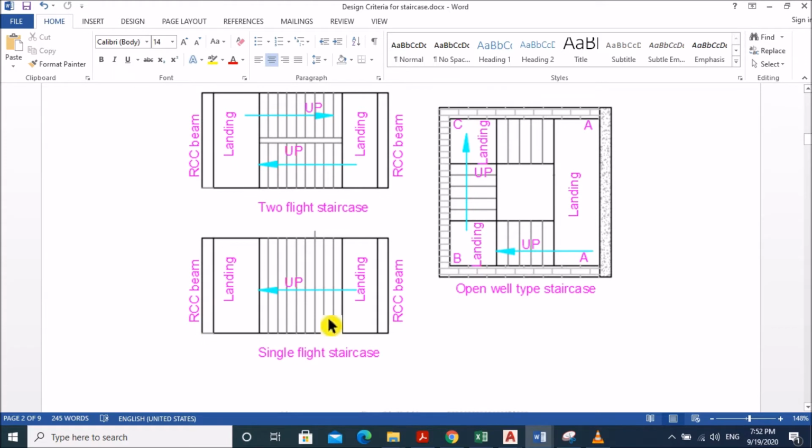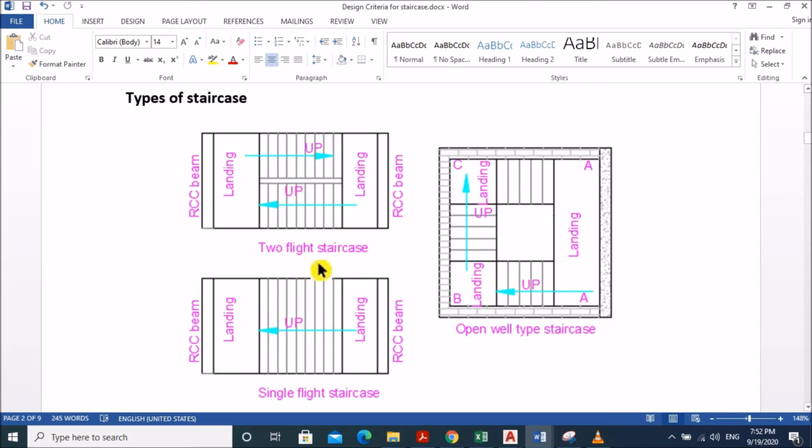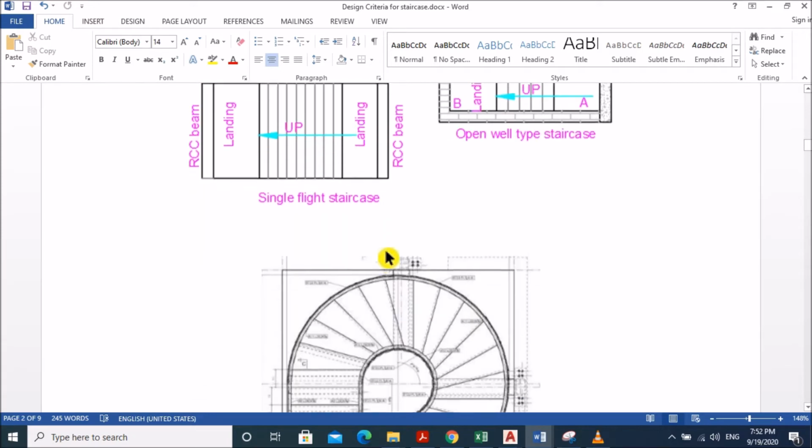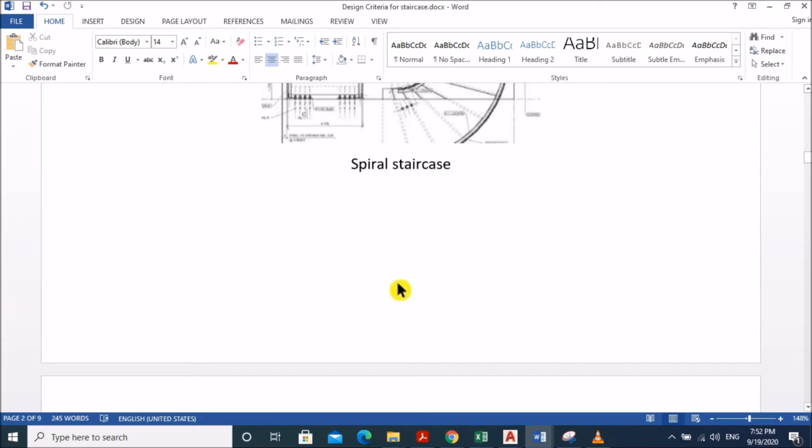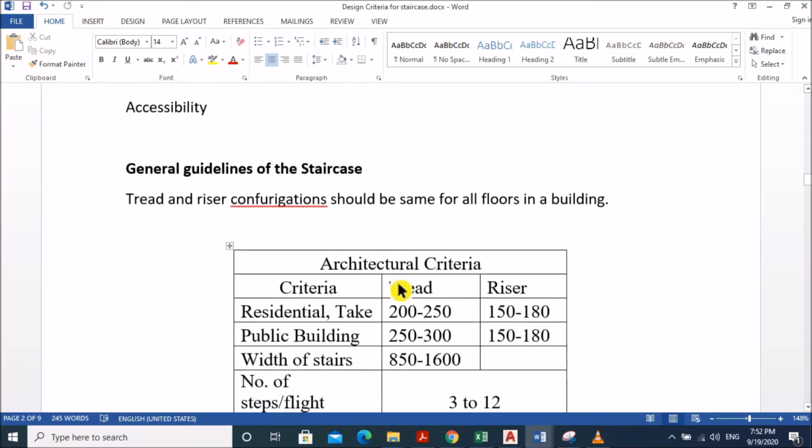If we have one direction short and another direction long, then we could go for a single flight staircase. But if we have a space that is square or rectangular, then an open well type staircase could be feasible. Likewise, the two flight staircase could be adjusted as per the space available in the floors, and the spiral type of staircase as well.